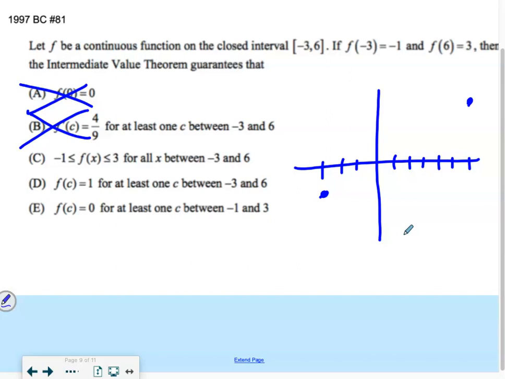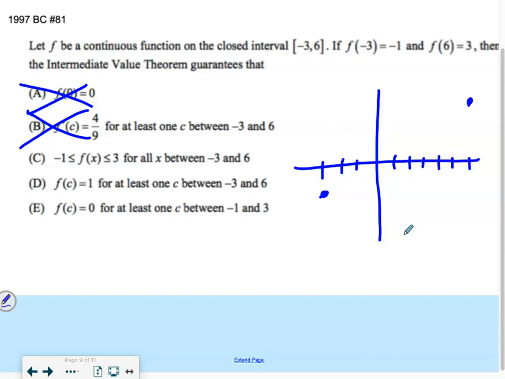Now, C is not an unreasonable guess, but here's what C says. C says that the Y values have to be in between -1 and 3 for all x on this interval. Do your Y values have to get from here to here? Are we only allowed to be in between them the whole way?